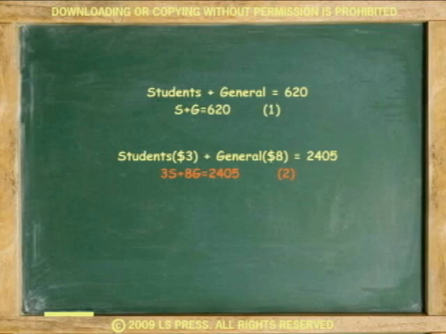We call it equation 1. Number of students times $3 plus general admission times $8 equals $2,405, or 3S plus 8G equals 2,405. We'll call it equation number 2.